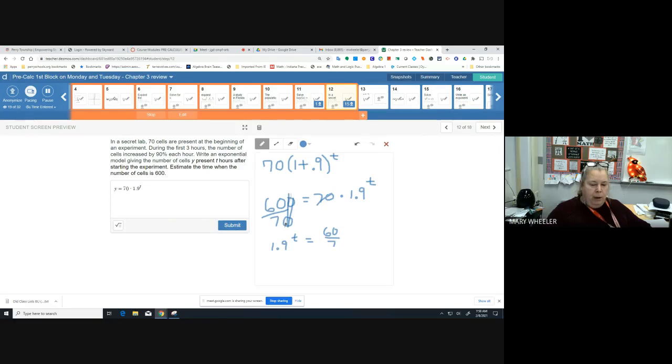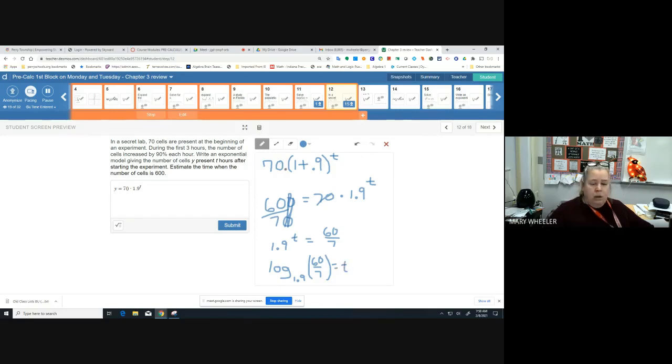I just simplified by crossing off one of those zeros. I'm going to write that in log form. So log base 1.9 of 60 over 7 equals t.